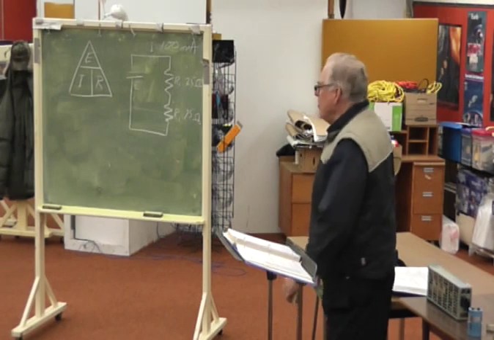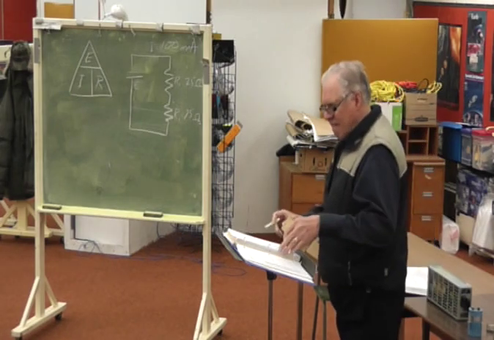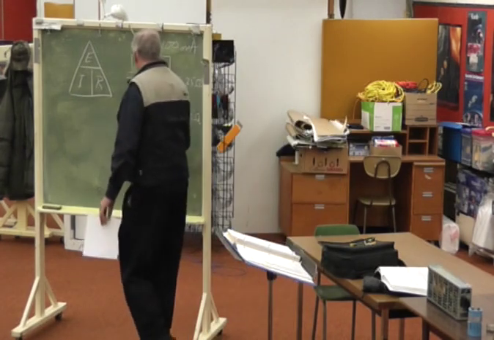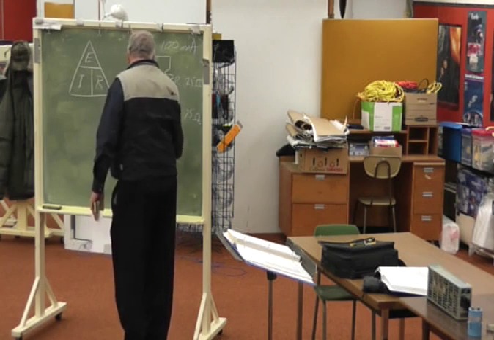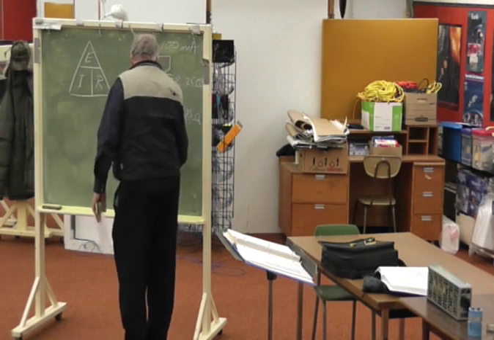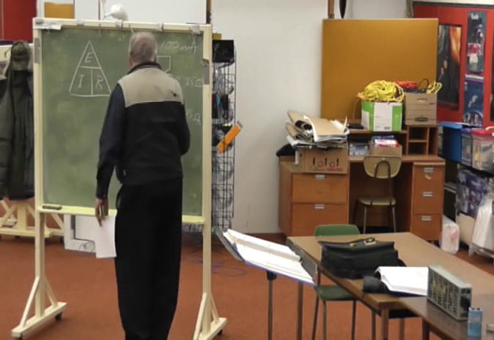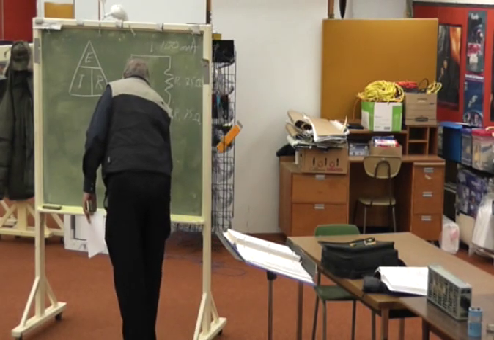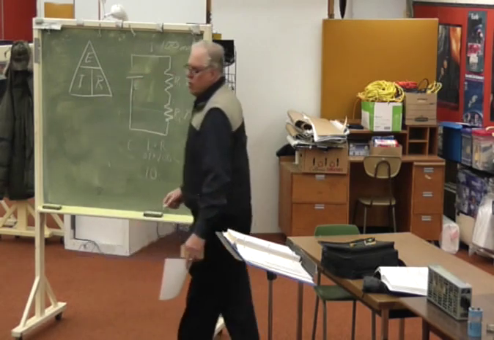Okay, how much is the voltage? So, E equals I times R. R is 100 times, okay, this is 0.1. So we've got 10 volts.